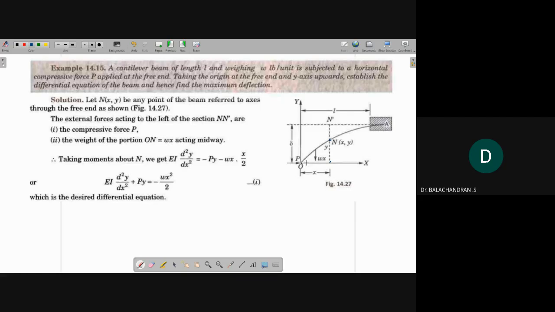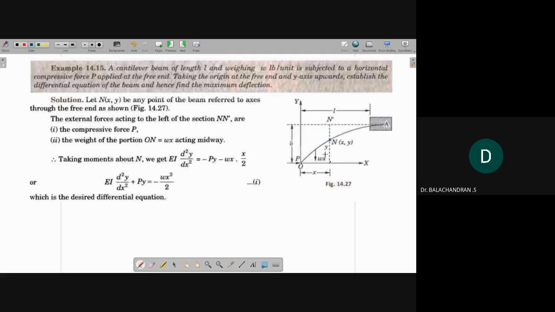So now I am going to draw the same diagram again, using the thumb rule. Here you have P into Y. You can see this force is P and the perpendicular distance is Y. The question is why the negative sign?